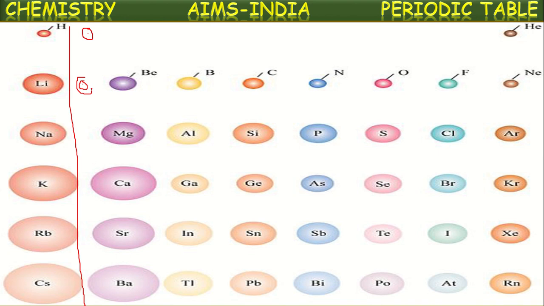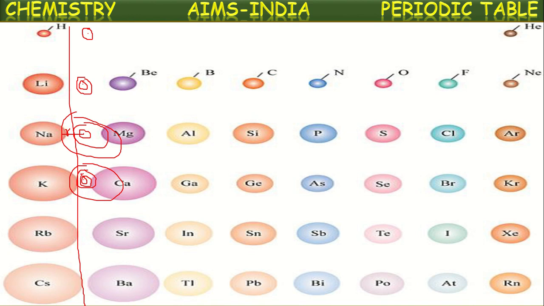From hydrogen to lithium, one shell is added. The next element, sodium, has three shells. So what happens to the size? As the number of shells increases, size increases, and hence the distance from the nucleus to the outermost orbit also increases. For potassium, there will be four shells.